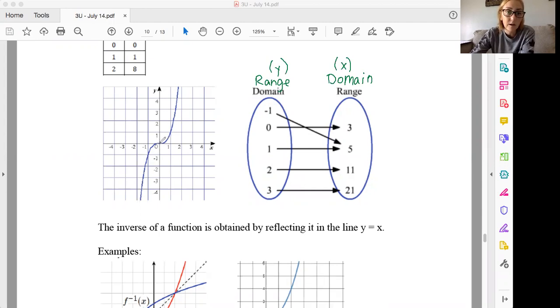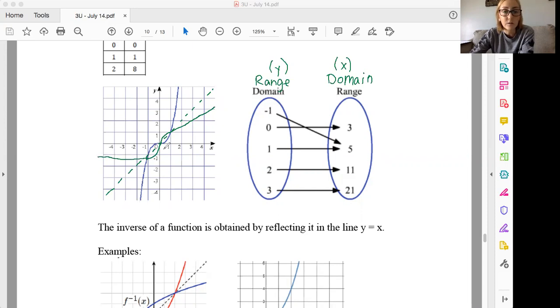When it comes to our graph, what happens is we're kind of mirroring. We have this invisible line here, and it's going to act as a mirror. So this is going to go here on our inverse function, and it's going to go like this. And then this guy is going to go like that and out like that.